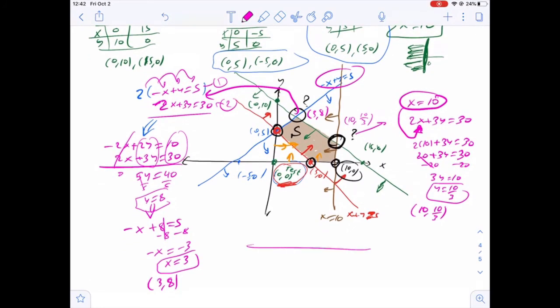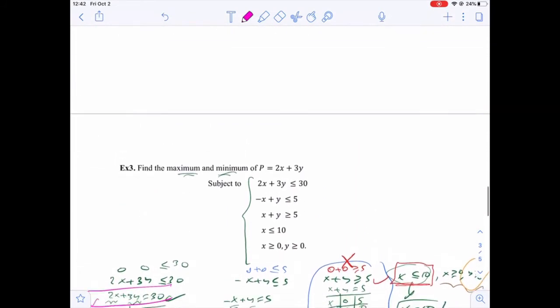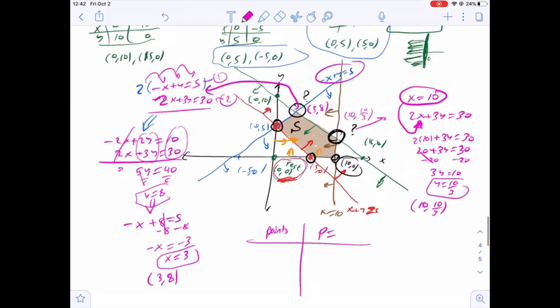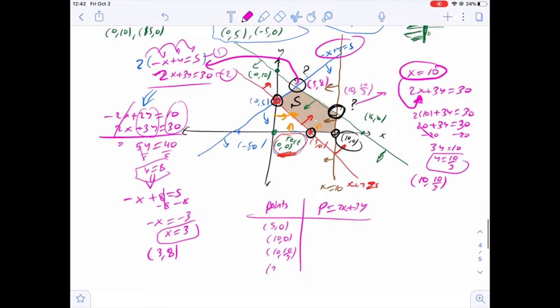And then we make a table. We have the points or corners and P, where P is 2x plus 3y. Now the points are (5, 0), (10, 0), (10, 10/3), (3, 8), and (0, 5).